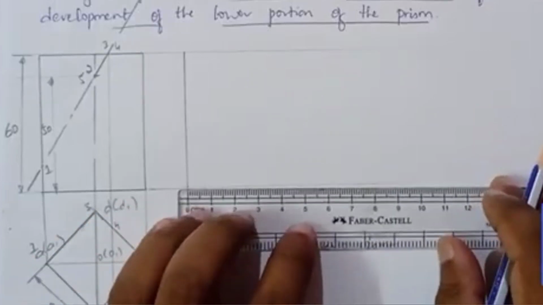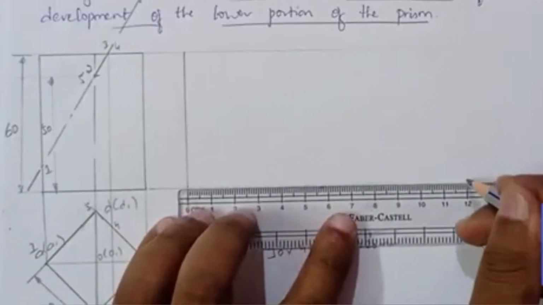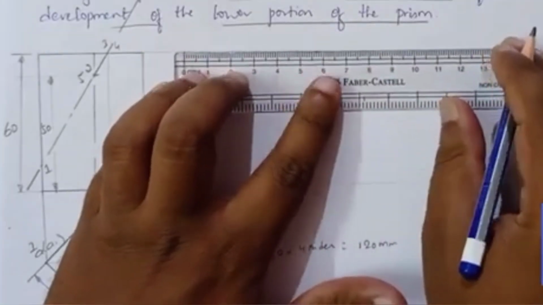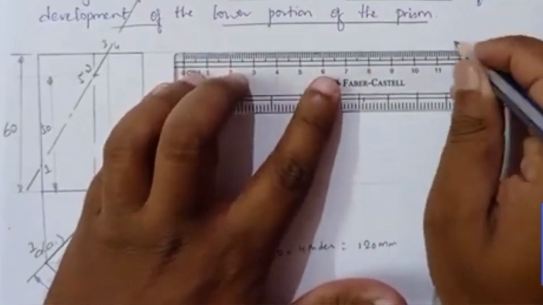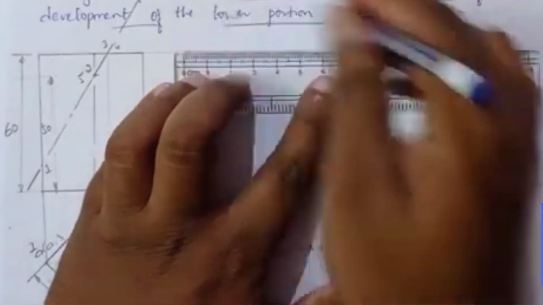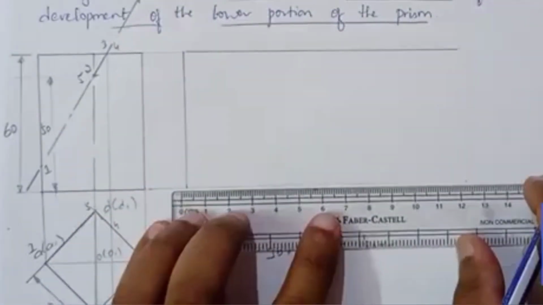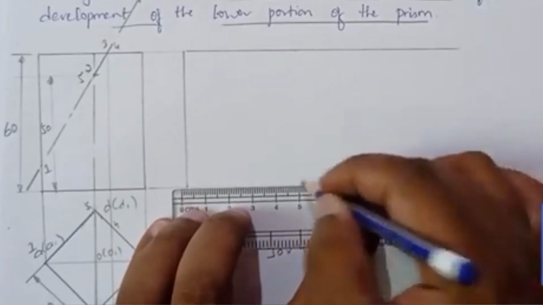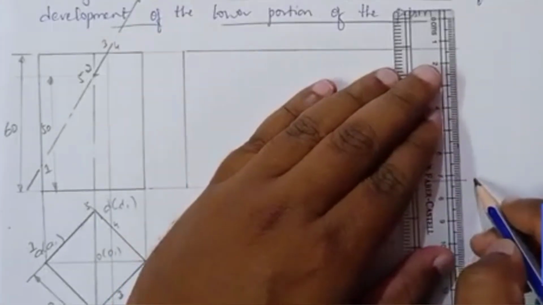From this point I will mark exactly 120 mm, that is 12 centimeters, on both sides. Now we join this, extending till here.